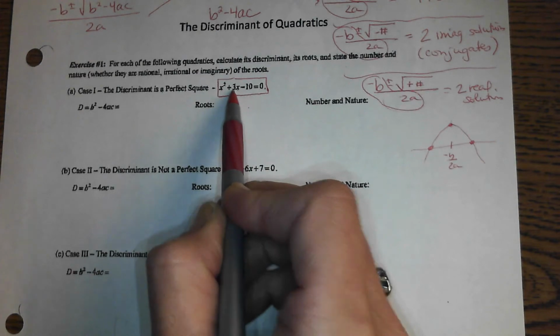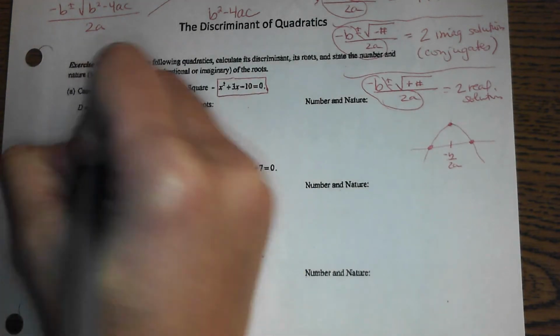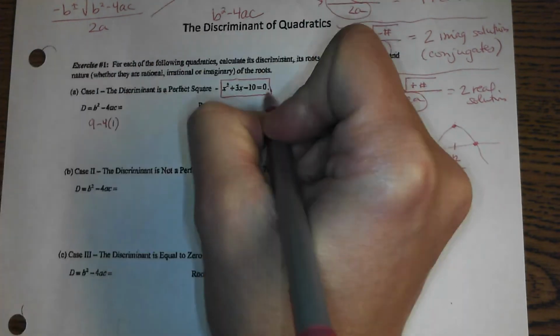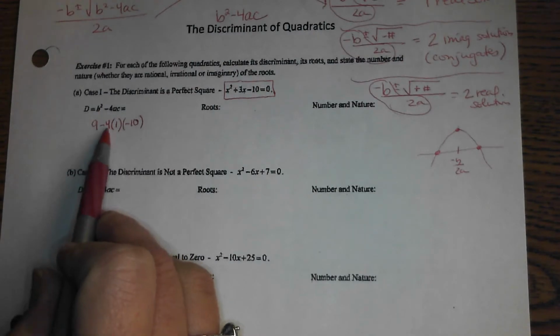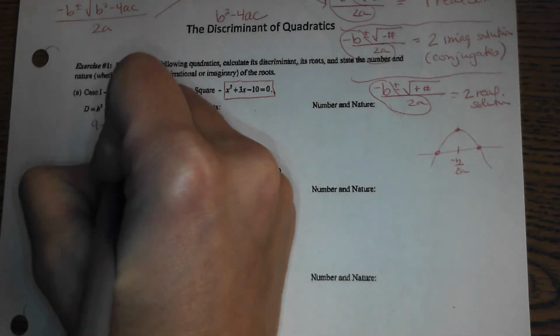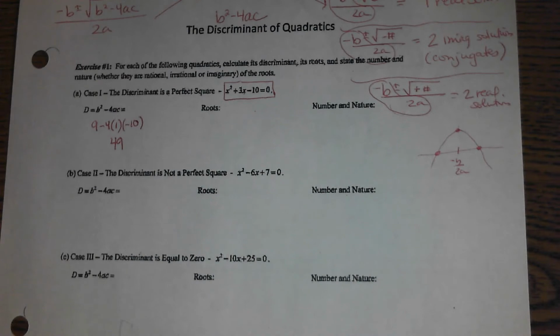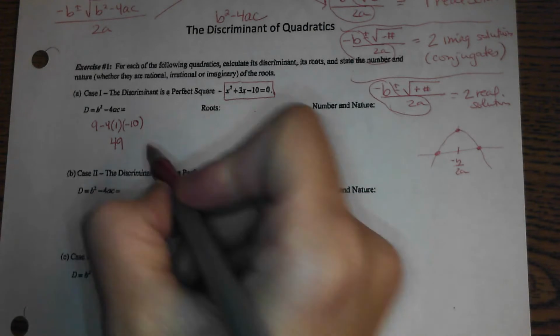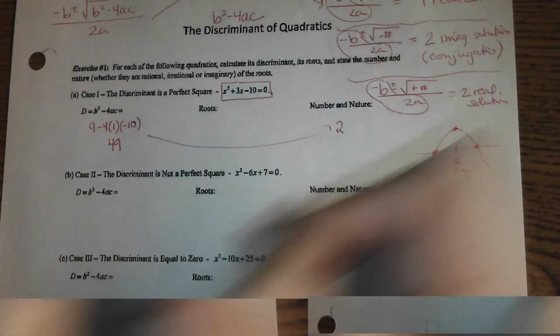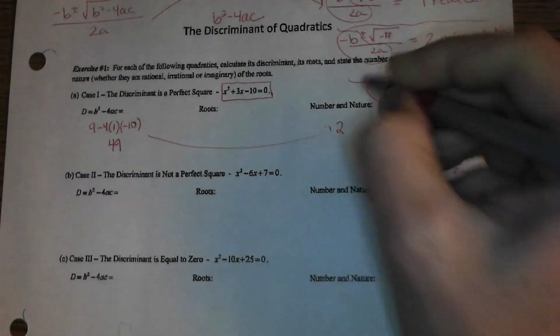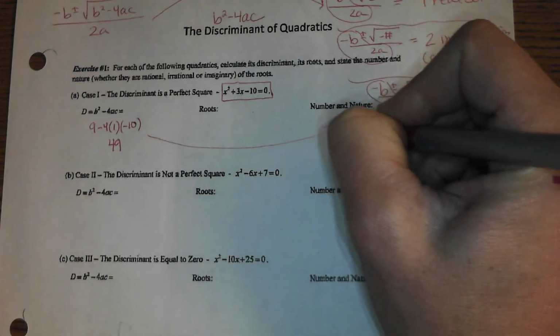Which is 9 minus 4 times an a of 1 and a c of negative 10. That's going to be 9 plus 40, so 49. So our roots, we don't really need to go and find them, but we do know that they're going to be 2, because that's a positive number, real roots.